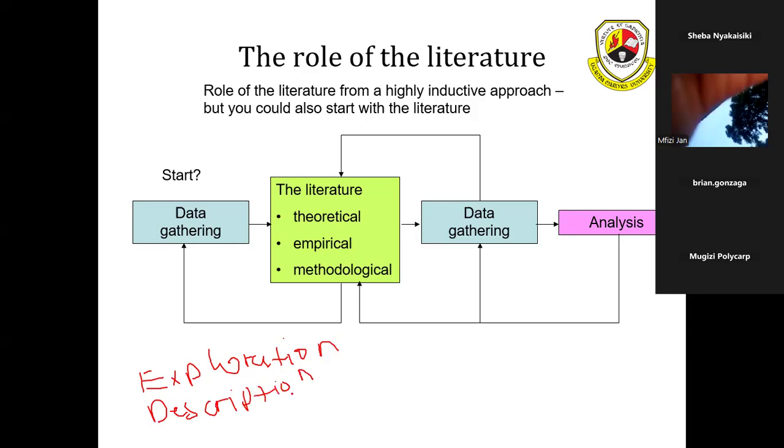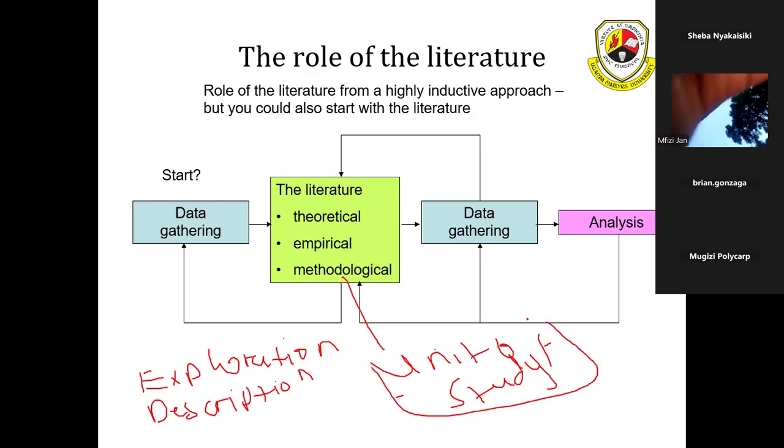So sometimes there may be an assumption, because there's little research about your phenomena, that you can do without a literature review. Why not? Because you know the unit of study does have some information about it, and this is the domain.